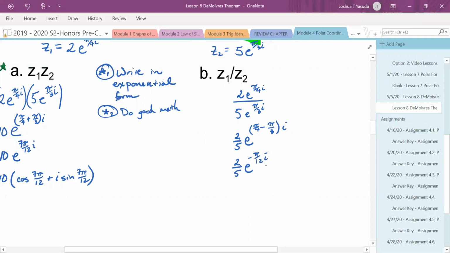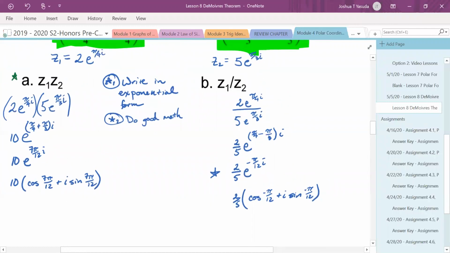And once again, you can leave it as that, or if somebody says, no, write it this way, then you can. I really like this way, to be honest. But it'd be 2/5 times cosine of negative π/12 plus i sine of negative π/12. Boom, done.